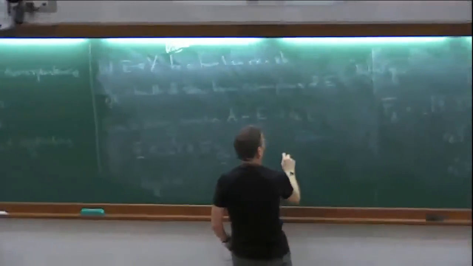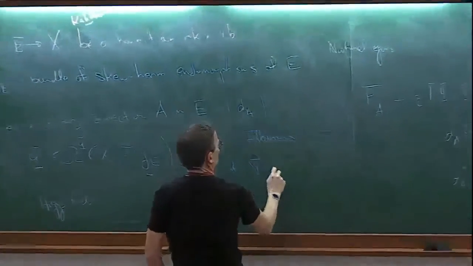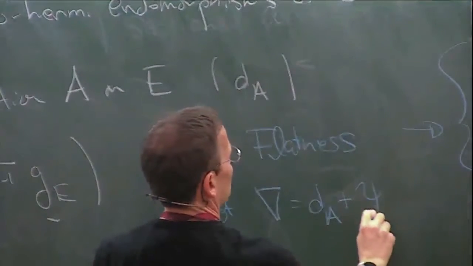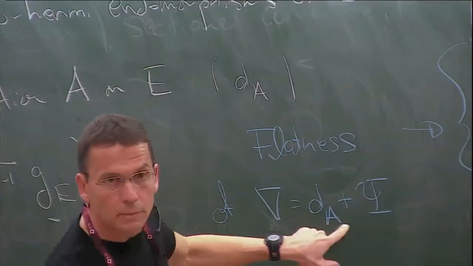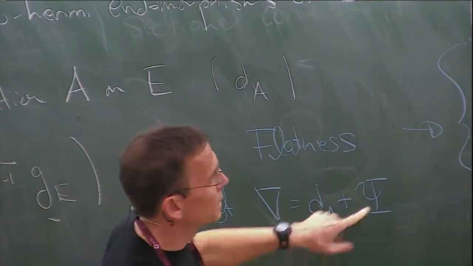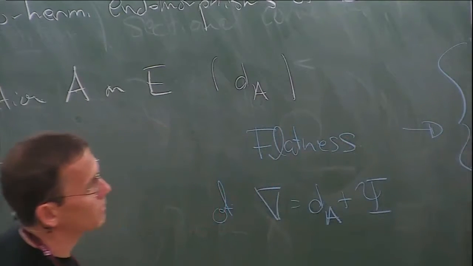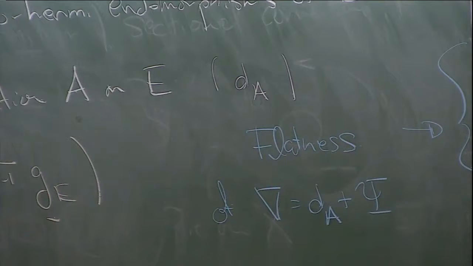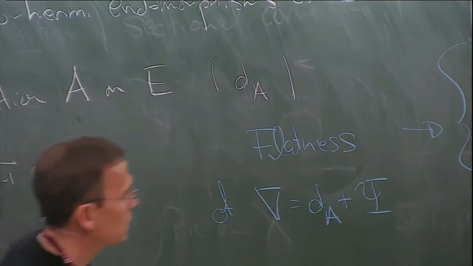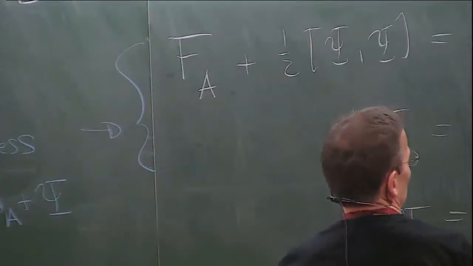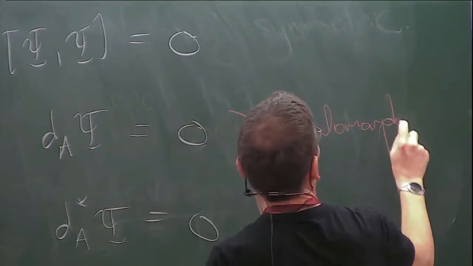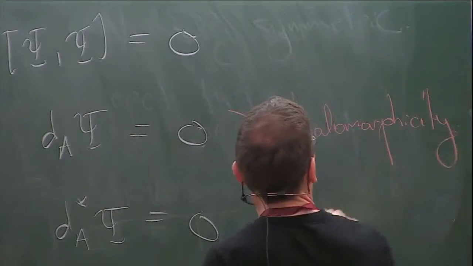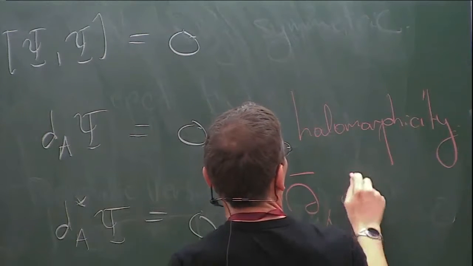Not of the unitary connection, but of the connection that's built out of adding to the unitary connection a Hermitian piece from psi. Okay, so if I just square this term and divide up into Hermitian and skew Hermitian pieces, then I get these two equations from the statement that Nabla is a flat connection. Okay, and if I look at these two equations, this is holomorphicity of phi.